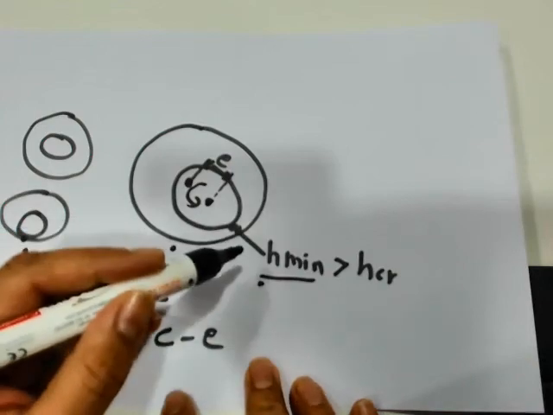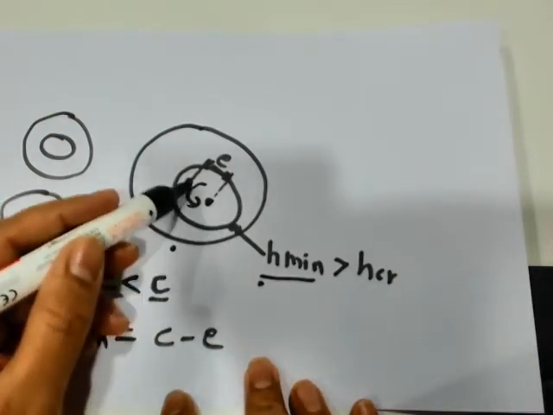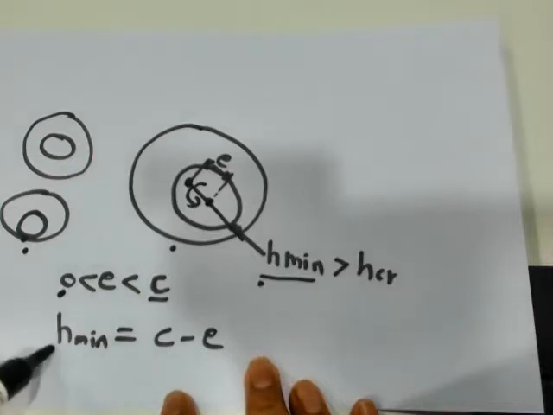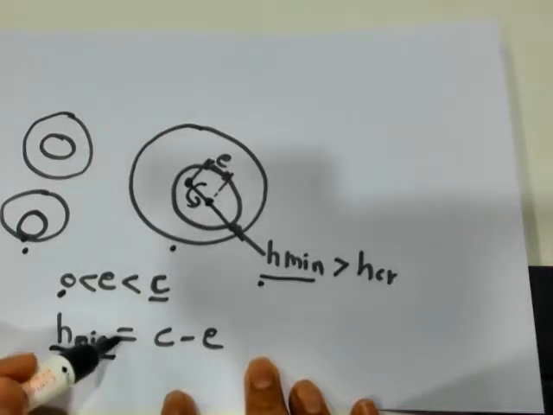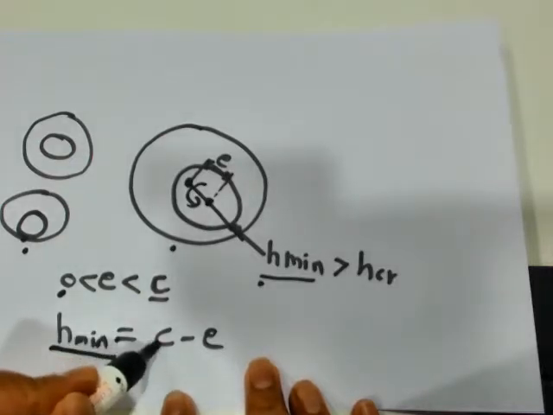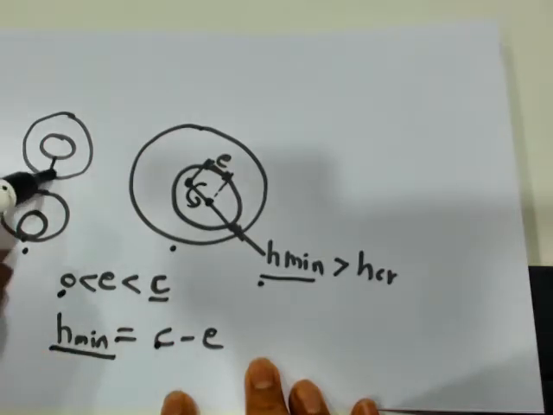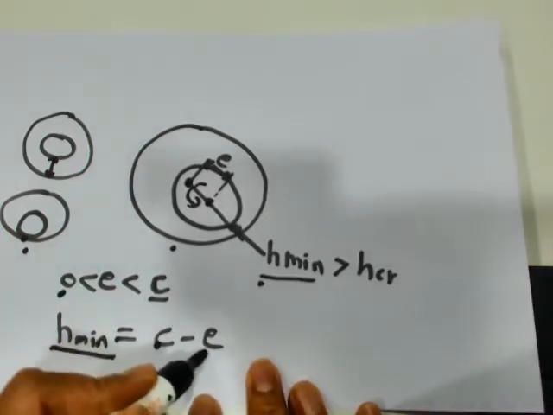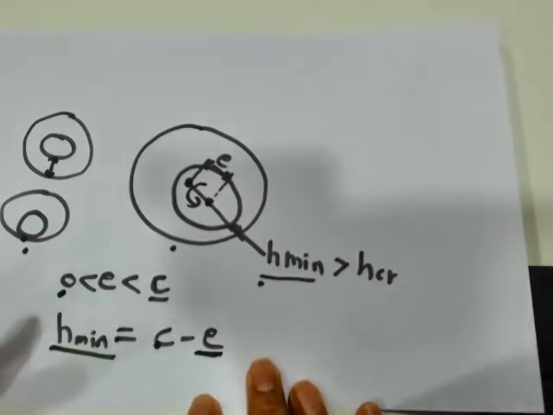From the very simple diagram, if we connect these three dots, we can say that H min is equal to clearance, which is the difference between the diameters divided by 2, minus the eccentricity of the bearing.